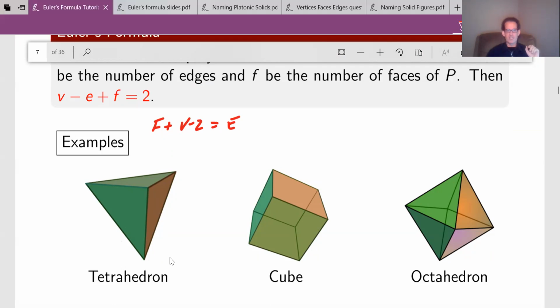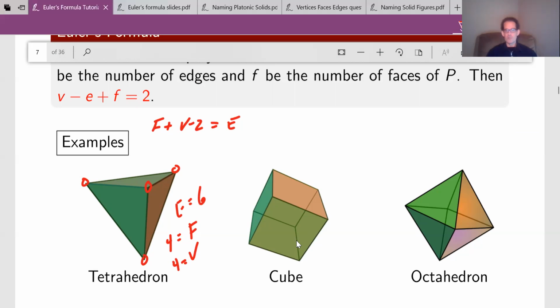So for a tetrahedron, you're going to have 4 faces, 1, 2, 3, 4. You're going to have 4 vertices. And then edges, you're going to have the 3 edges on the bottom and the 3 edges on the top. So for edges, you should have 6, okay?